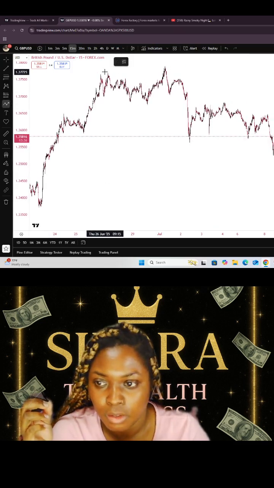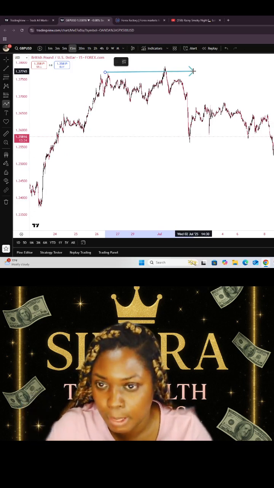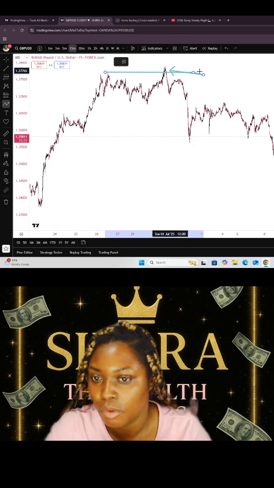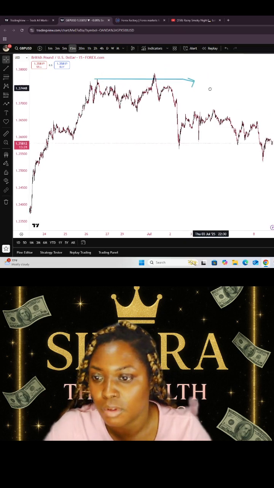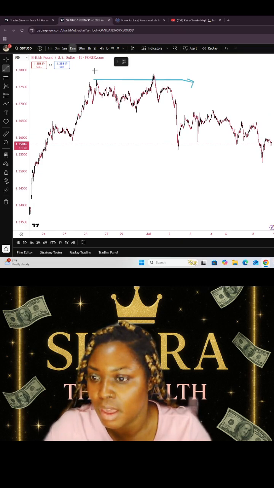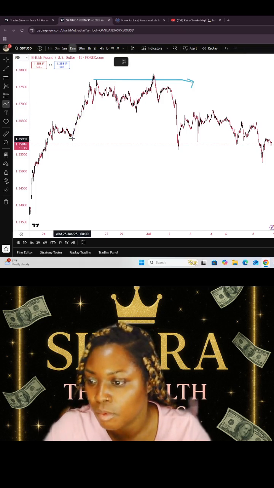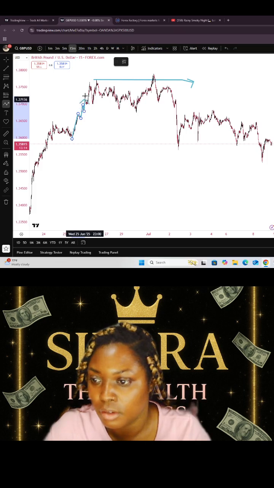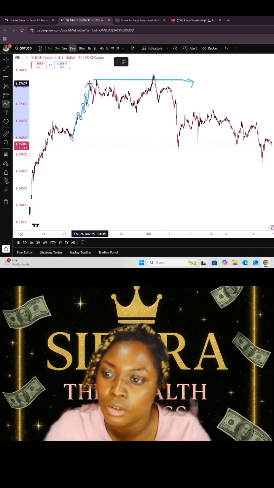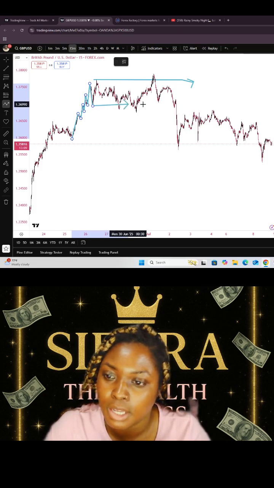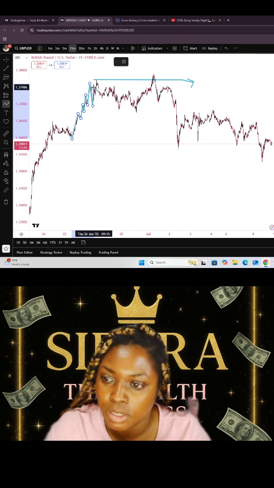And as you can see, price ran that last high. All right. And then we had here, here, here, here, here, here, consolidation, because price traded in this range, but you can still mark these little minor structure points.